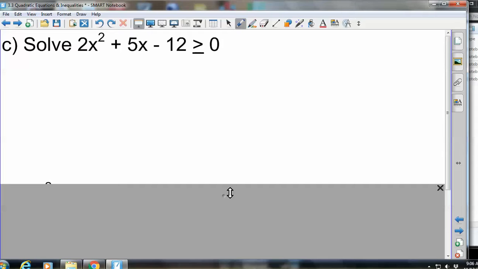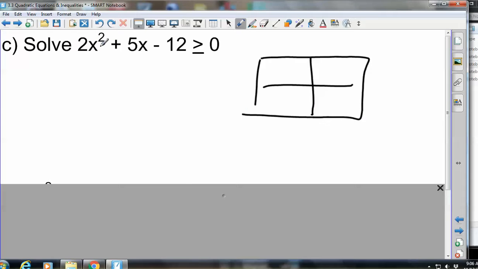You can do your quadratic formula here. That'll work. Any other options? Anything else you want to try? Does this one factor? How would you factor it if you wanted to? You would have to do the full box method. Both options are going to work. I'm going to go ahead and do box method, but you can do whatever you prefer.